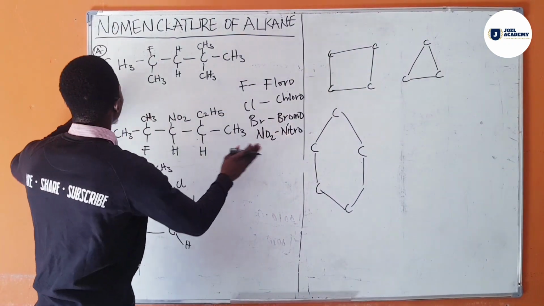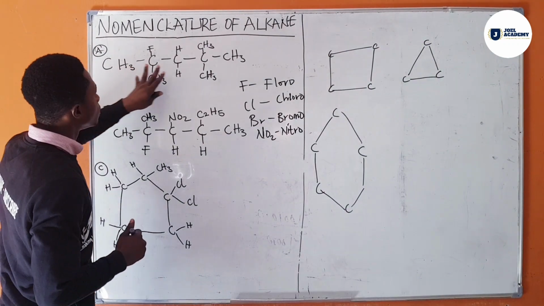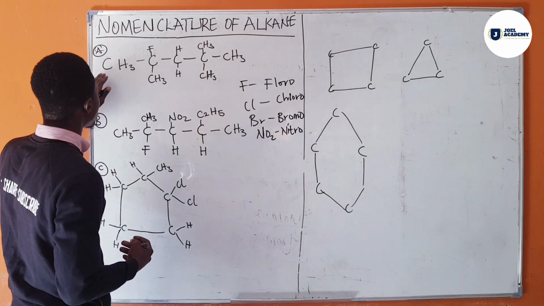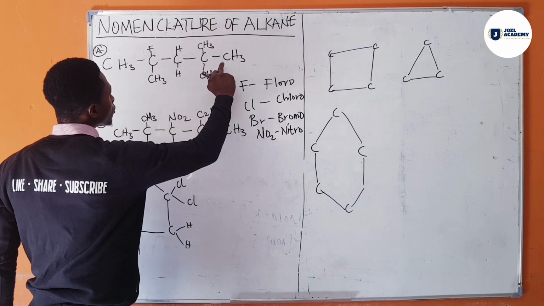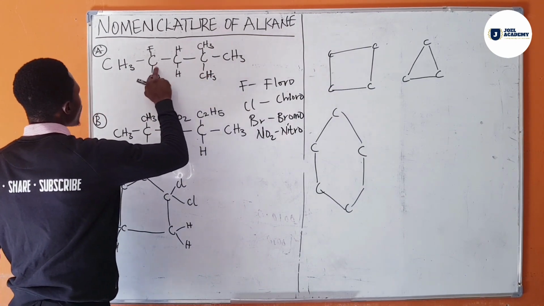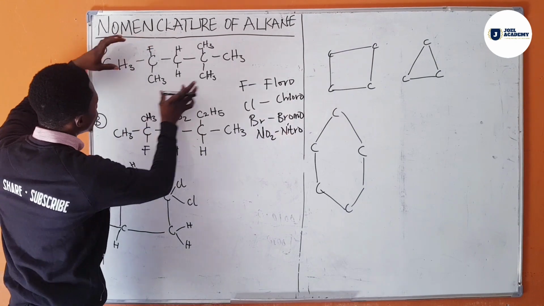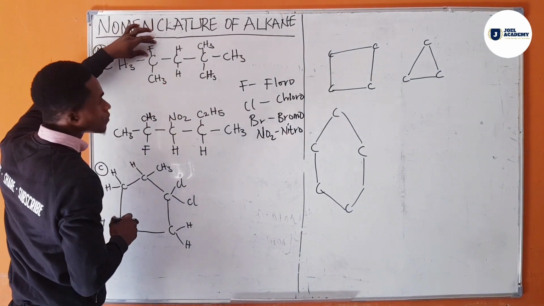Whenever we have substituents like fluorine and we want to name this kind of structure, first, as I told us before, we must consider the longest continuous chain. Where is the longest continuous chain? If you count from here, 1, 2, 3, 4, 5. But if we take a deeper look at this structure, here carries the more electronegative substituent.